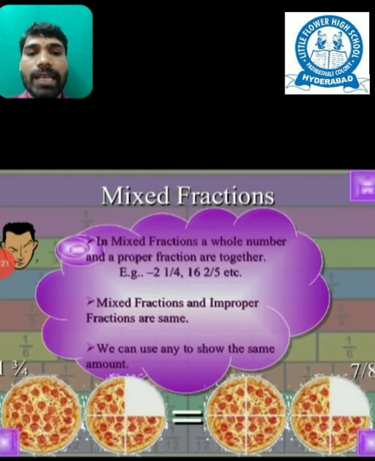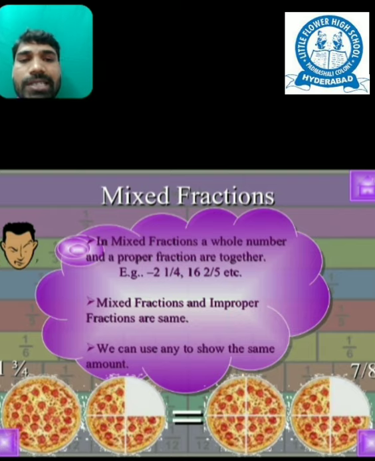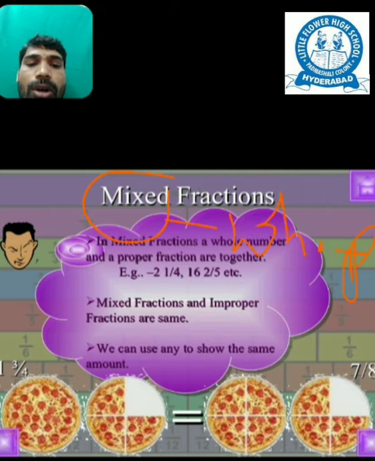Let us see about mixed fractions. Here the word is mixed. Mixed is a combination of a whole plus a proper fraction. See the example: one complete cake as well as another cake with just 3 parts. The cake is divided into 4 parts, but we are taking only 3 parts.